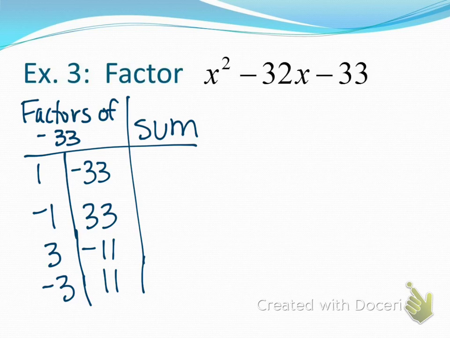Now, we could find all of our sums, but does anybody think they know which sum we need first, Jaquan? One and negative 33. If we're at the very top of our list, that first one we listed off, if we find their sum, what is it? Negative 32. And that already matches, so do I need to bother with the rest of that list? Not really.